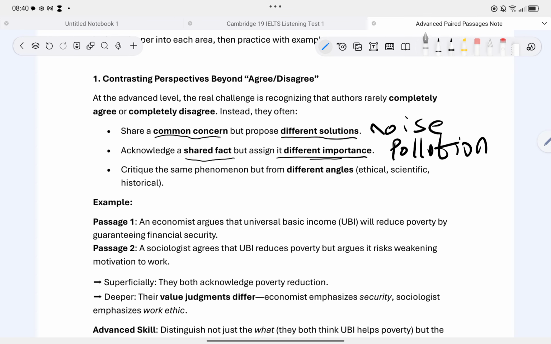Author B may say, yes, there is a high level of corruption in Nigeria, but that's not why Nigerians are struggling. So you see, both of them agree that there is a high level of corruption, but they place different importance on it. One says that's why Nigerians are struggling, the other says, no, that's not why Nigerians are struggling. So you see, in both cases, we have two people who agree on the particular thing, but they disagree on the importance of that thing or the role of that thing.